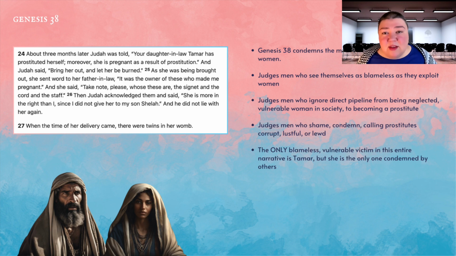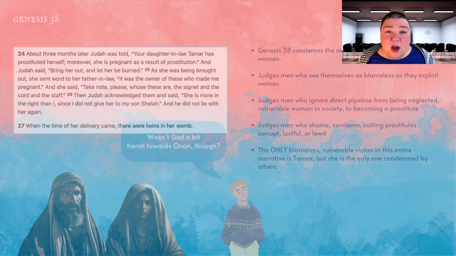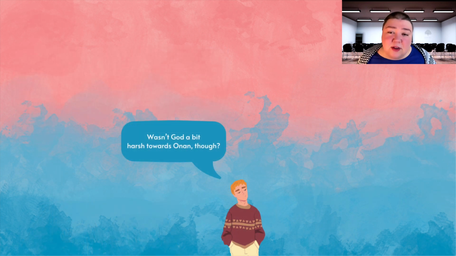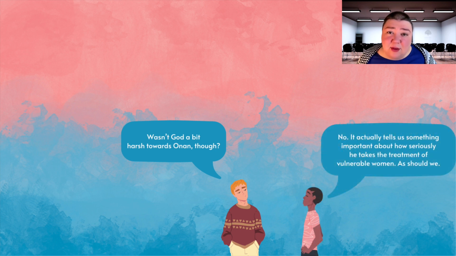Now, we might read this story and focus on our discomfort with how God seems harsh in his punishment of Onan. But that is until we begin to understand the deep evil that Onan and these men carried out. He was willingly weaving a situation where a woman would have to be making the choice between being raped or starving to death for the rest of her life.